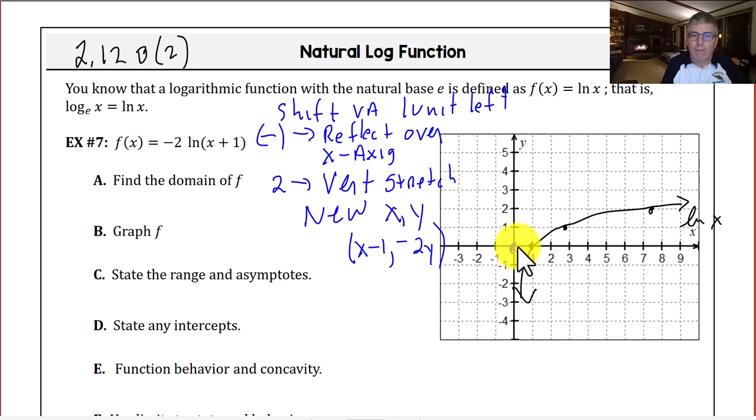So that one just shifts over. Now for the one at e, we're going to subtract 1, but then we're going to reflect it and then double that value. So now that would be like there. In this one, we're going to move 1 unit and reflect it and double it.